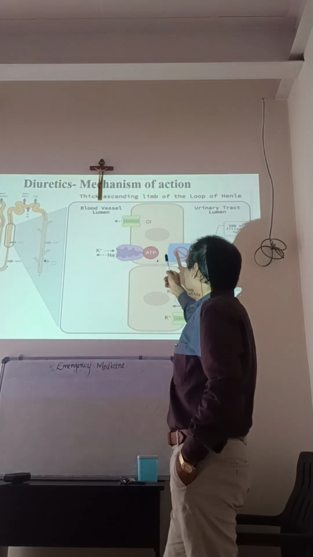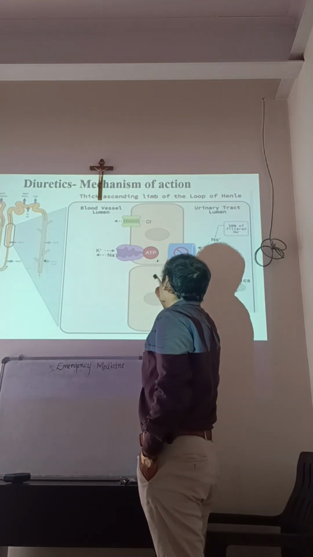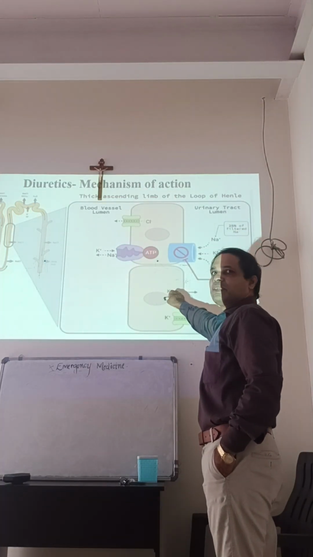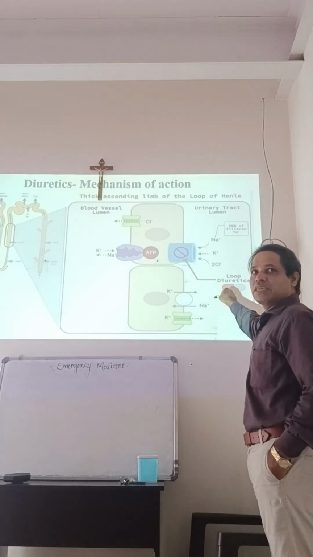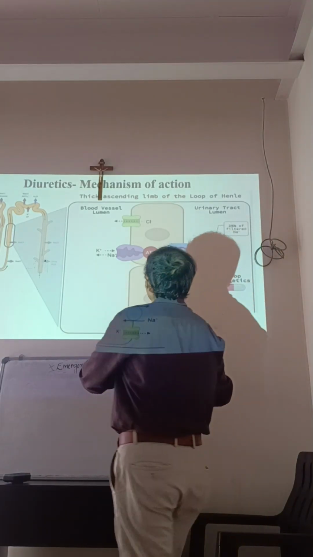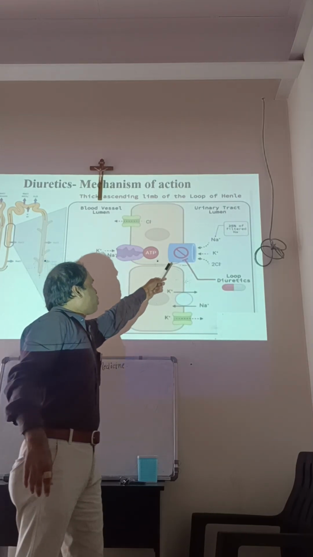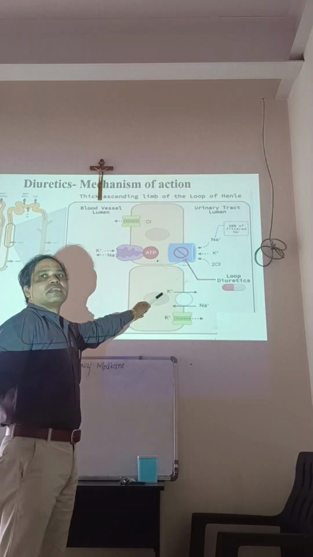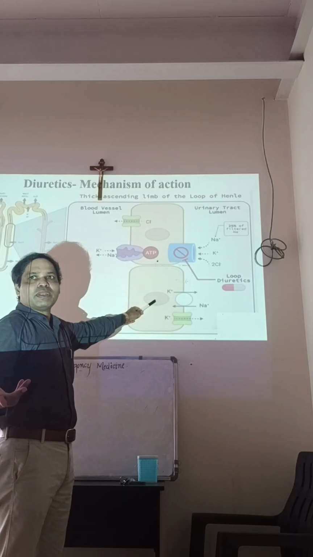And one more thing: once potassium comes in exchange with the sodium, the potassium comes inside the cell and it doesn't have any place to go. It comes back to the lumen, into the urine. Can you see the potassium coming from here, and the potassium coming from here? Now intracellular potassium will increase, and it has no place to go out.